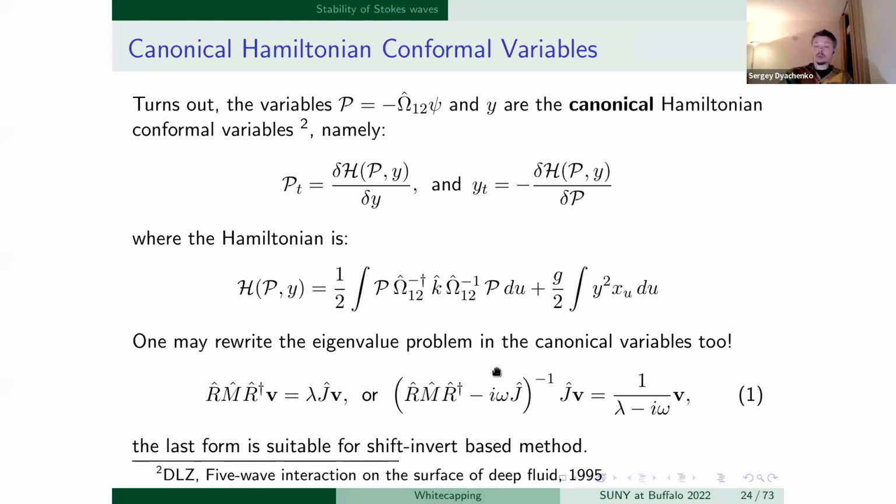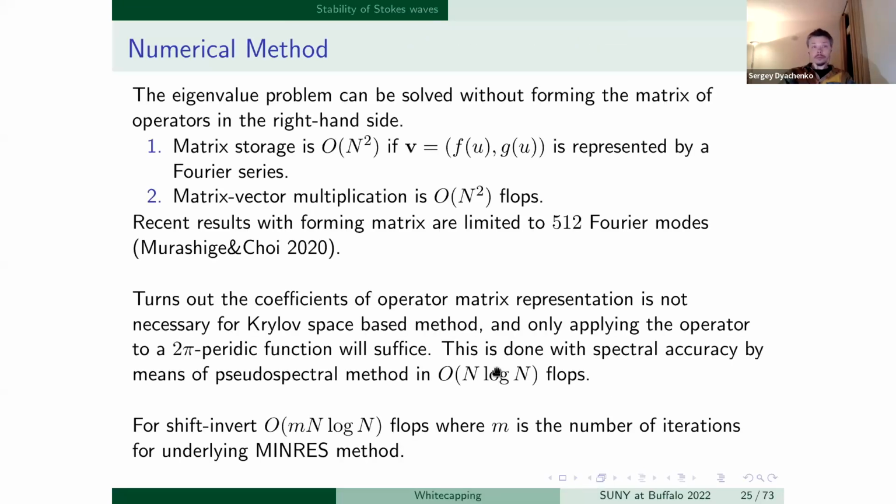So you would need to do only n log n steps for various pseudospectral operators, but also one solution of a linear system via MINRES or conjugate gradient method, which is also cheap compared to forming the matrix.